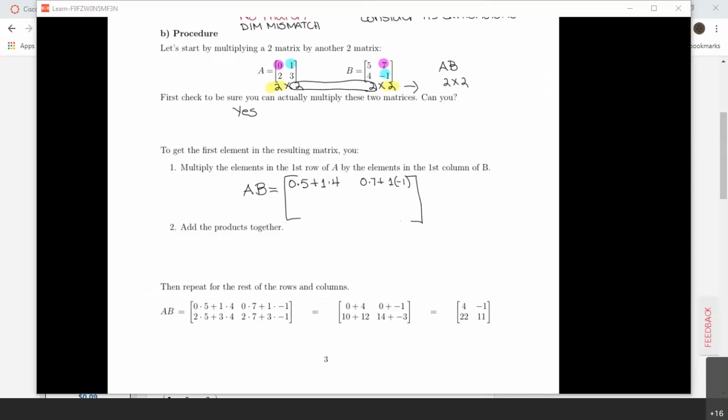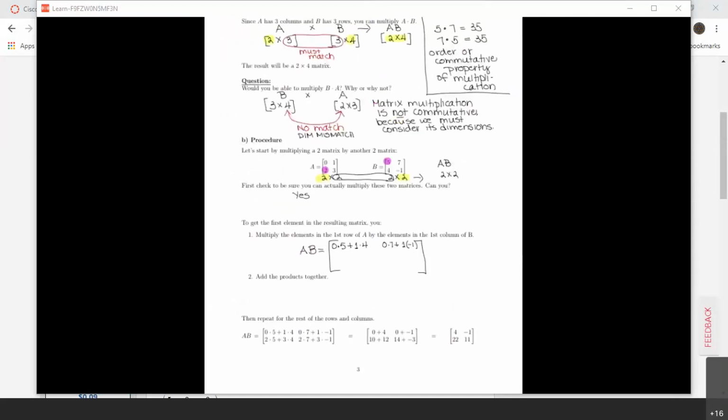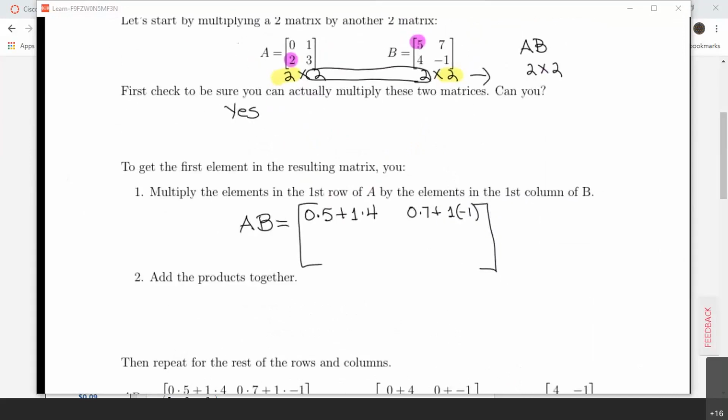All right. Then I've done everything on the first row here. So I need to move down a row in my first matrix. I'm going to multiply the 2, and I'm going to go down the first column again. This is going to be down here in the 2, 1 entry. Then again going across here and down here. So that's going to be 2 times 5 plus 3 times 4.